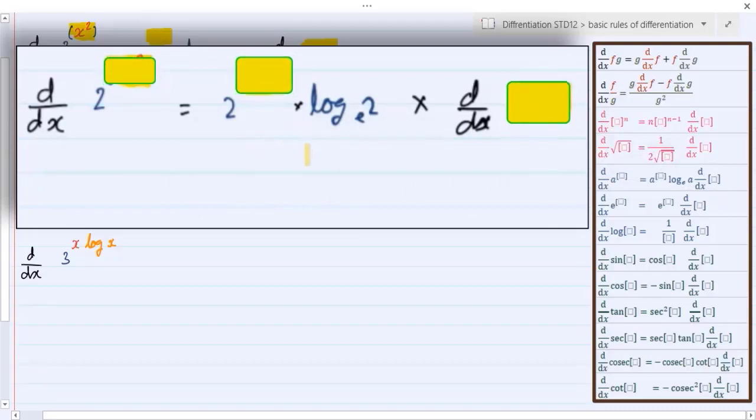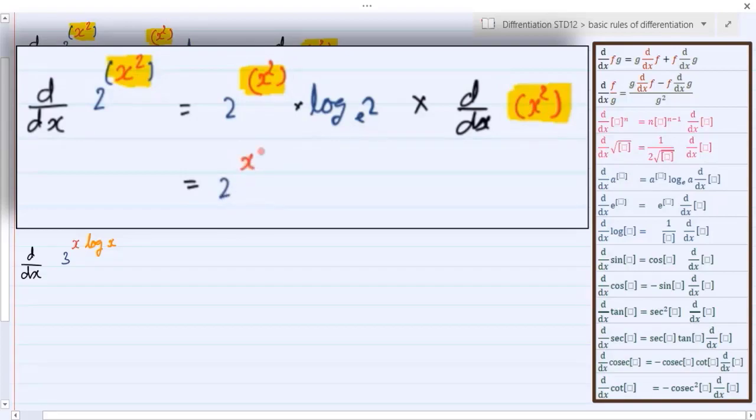Now within the box we have x square. So in the next step you don't have to worry about this 2 raised to x square log 2. We just have to focus on differentiation of x square, which is 2x. So ta-da, you can consider this as your final answer.